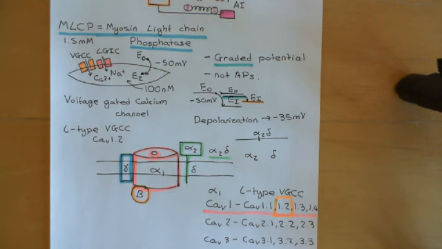That depolarization can then activate voltage-gated calcium channels, which allow calcium from the extracellular fluid to come into the cytoplasm, leading to your global calcium rise. This can then trigger the contraction by binding to calmodulin and then activating the myosin light chain kinase, which will then phosphorylate the regulatory myosin light chains and initiate the sliding filament mechanism of muscle contraction.